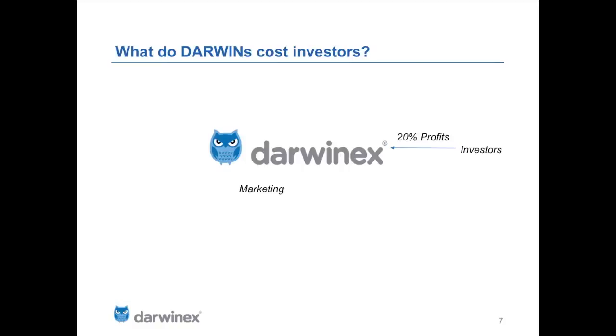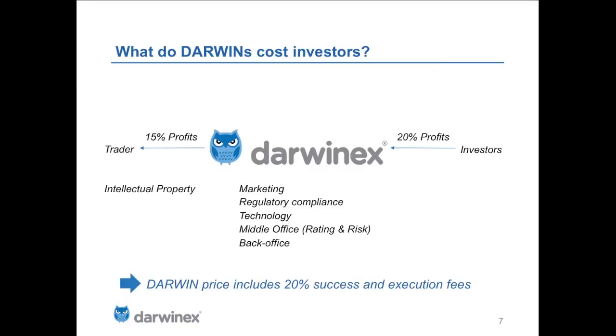Darwin-X will have attracted those investors, will comply with regulatory requirements, provide the technology platform, the middle office in terms of rating the strategies and adjusting the risk, and the back office to do all these calculations, and passes on 15% of the profits, i.e. 75% of what it collects from the investors, to reward the traders for the intellectual property that they contribute into the Darwin. The Darwin listing price includes the 20% success fee and the execution fees required to replicate the Darwin.